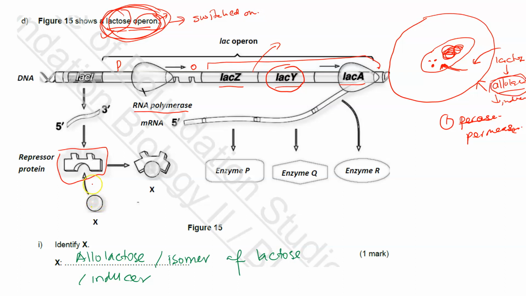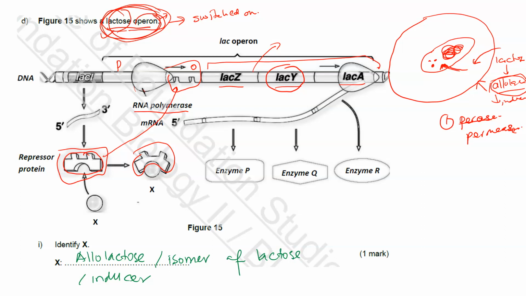Allolactose will bind to the repressor protein, and when it binds, the repressor protein changes its shape. Originally, the repressor protein in its original shape binds to the operator. When it binds to the operator, it blocks RNA polymerase from binding to the promoter, so transcription cannot occur.